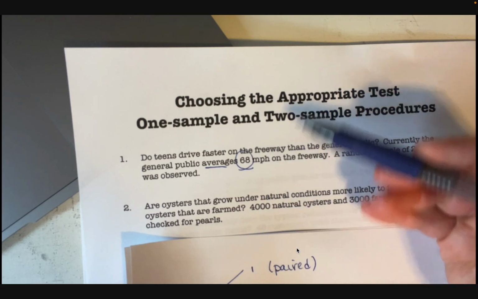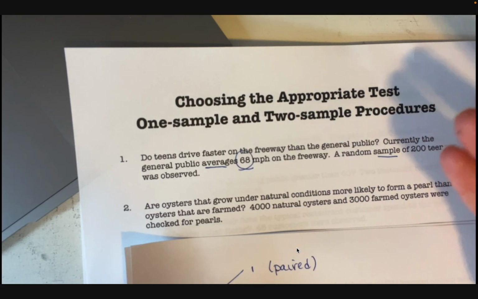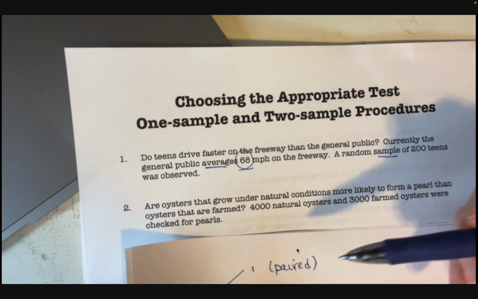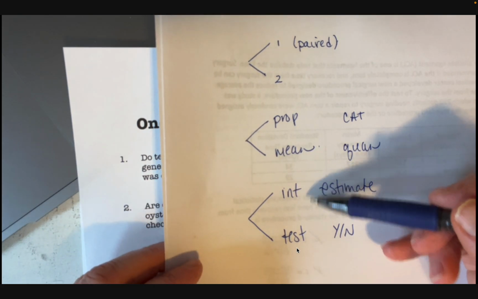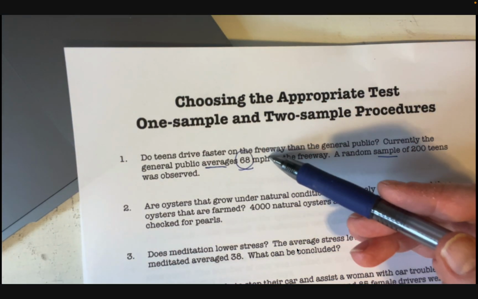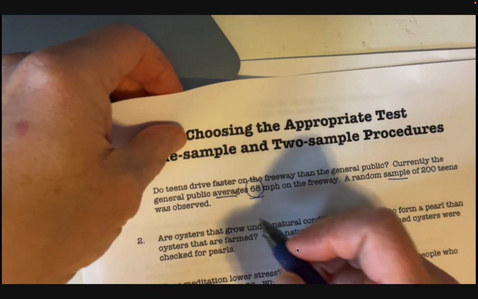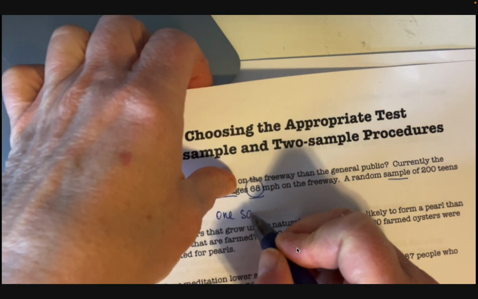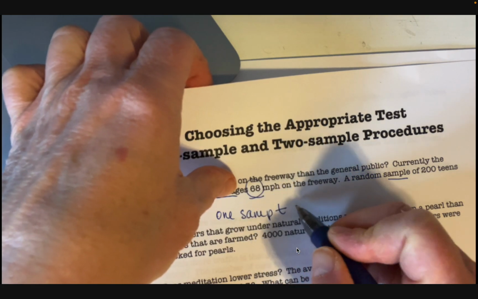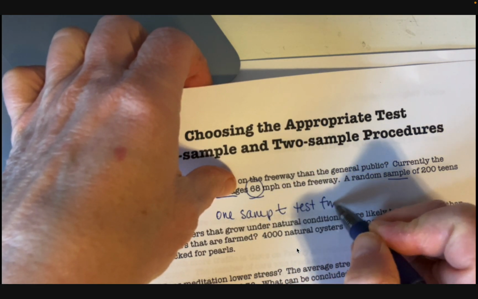So it's a mean. So I've got a one sample, it's a mean. There's no pairing going on. Then the question is, am I just trying to answer a yes or no question, or am I trying to estimate something? So they want to know, do they drive faster? So is it yes or no? So this just ends up being a one sample t test for a mean.